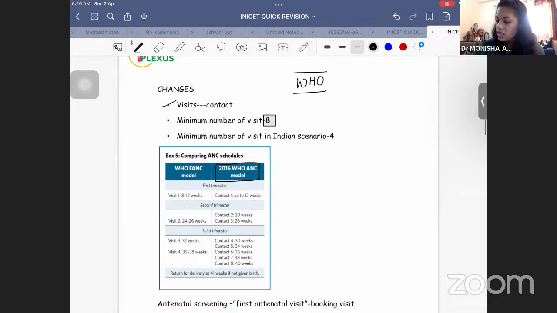One is they have changed the word visits to contacts. And the minimum number of contacts, again, not visits, is 8. Talking about the Indian scenario, it is going to be 4. No confusion. If they're talking about the WHO, please write 8. If it's the number of visits in the Indian scenario, it is 4.